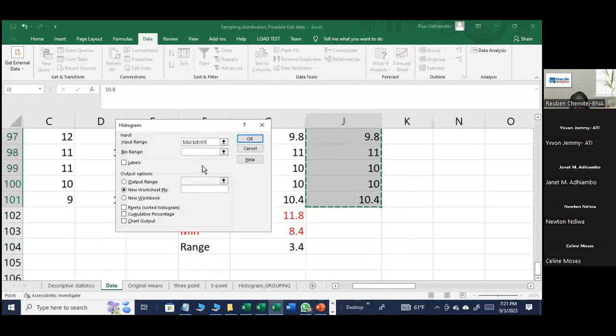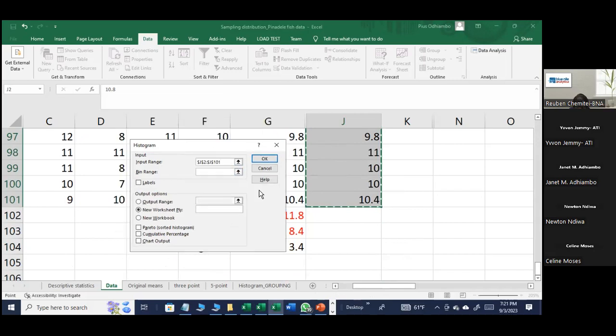It's selecting J2 through J101. Then we have what we call the bin range. Sometimes in a particular data set, you would wish to group into classes. I'm going to provide you with the bin, and I'm going to explain what it means.